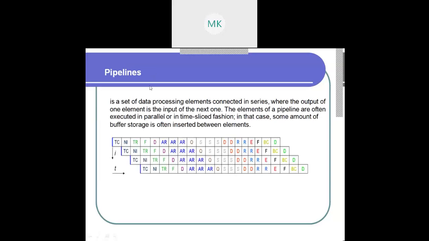So pipelining is required in order to overlap the output of one element to the input of the next one. Elements in the pipeline are often executed in parallel in a time-sliced fashion. Pipelining is used in the processors in order to reduce the time as well as to increase the efficiency of the processing.